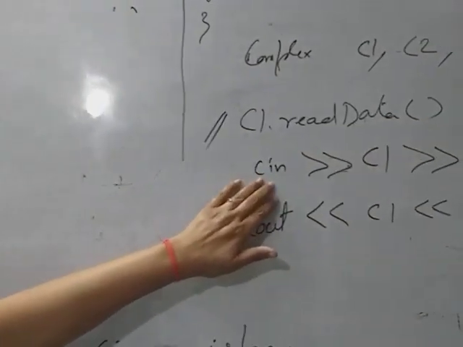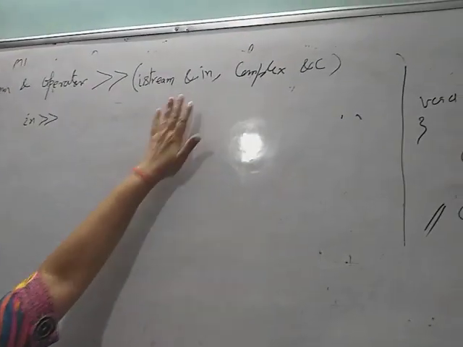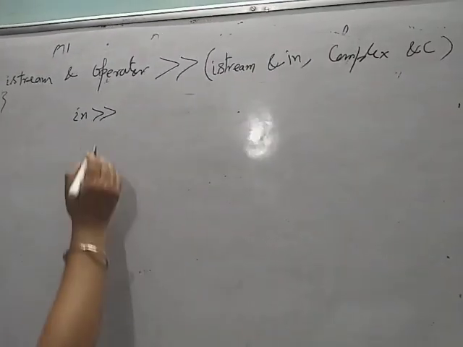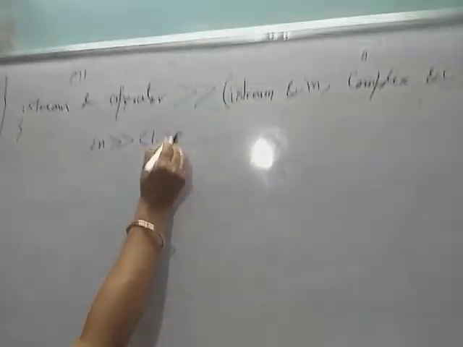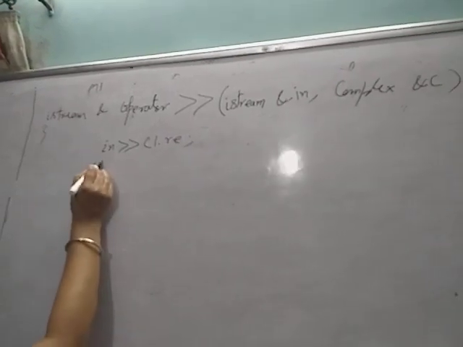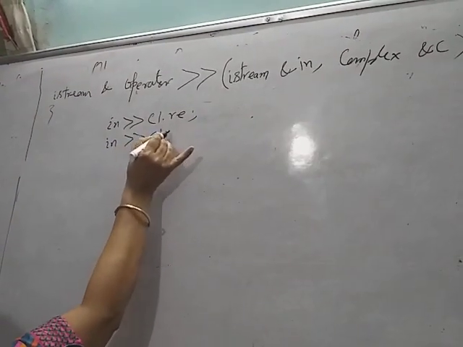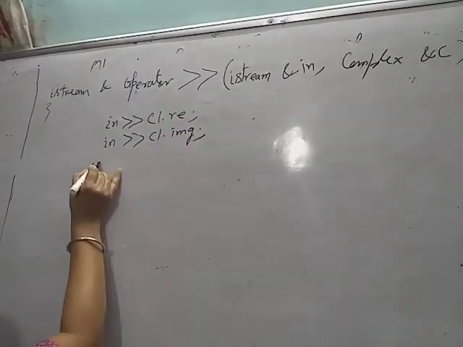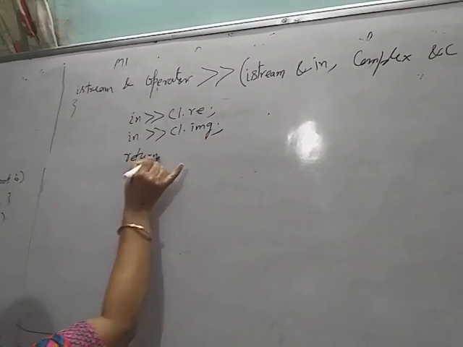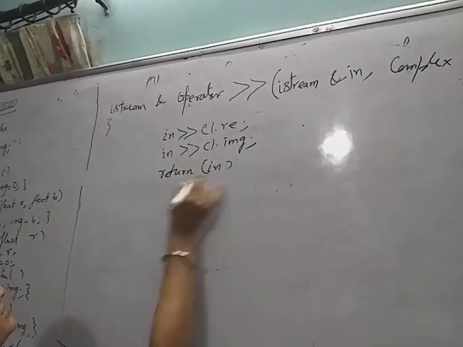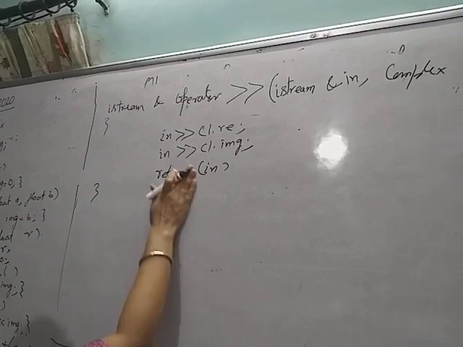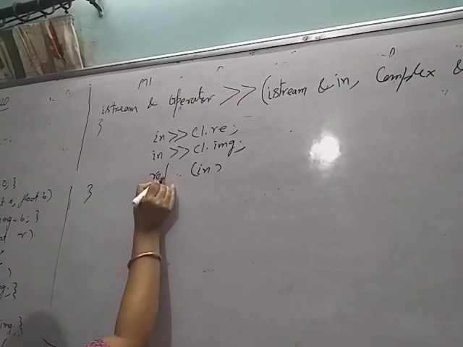cin. So here the reference of cin is stored in in. So we can read in >> C1.real and in >> C1.imaginary, and return in, the reference to the istream.